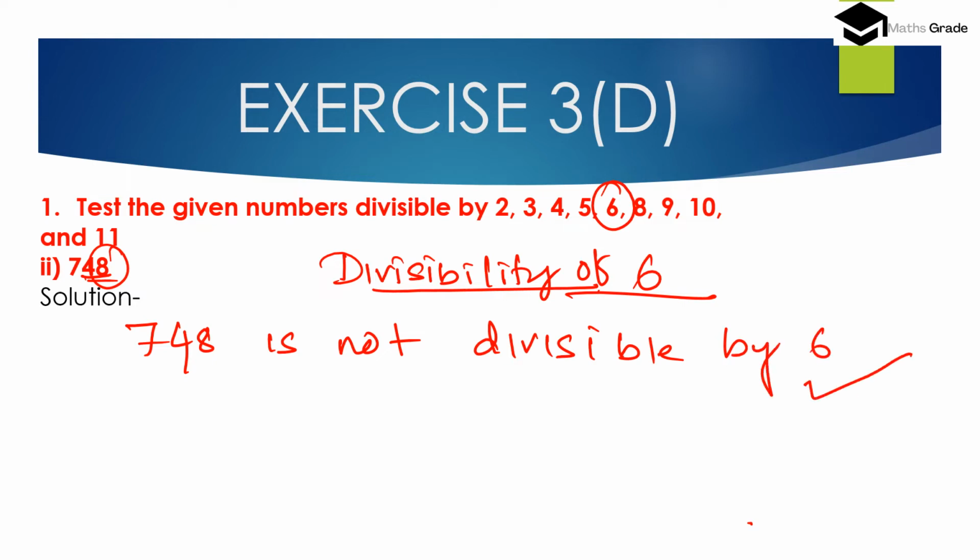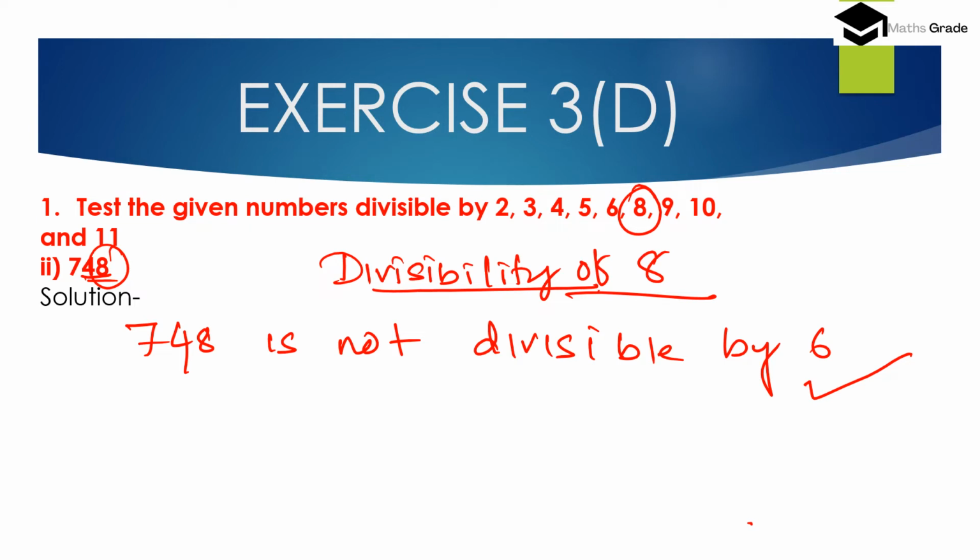Now we will check whether the number 748 is divisible by 8 or not. Divisibility of 8. We know any number is divisible by 8 if the last 3 digits of the number are divisible by 8.